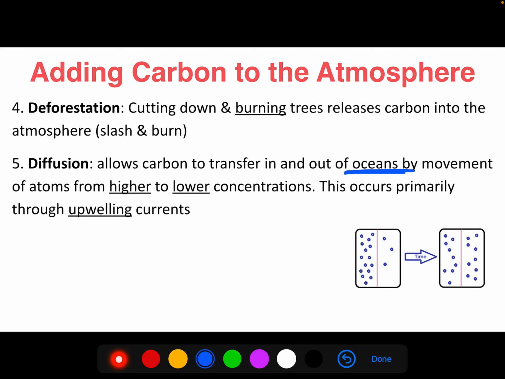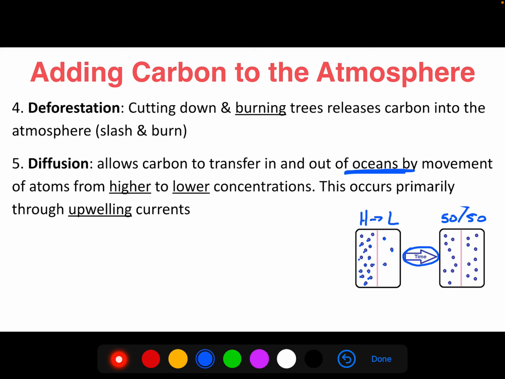So all that this means is that it's going to move from a high concentration, which means all of these dots are in here in a tight amount of space, to a low concentration. You see how there's only 3 over here. So it's going to, over time, even out to about 50-50.